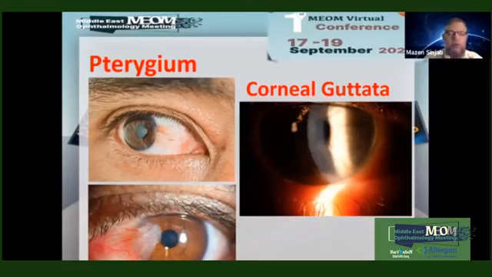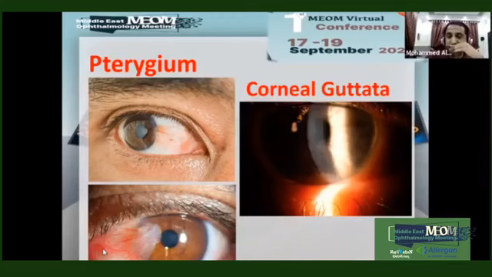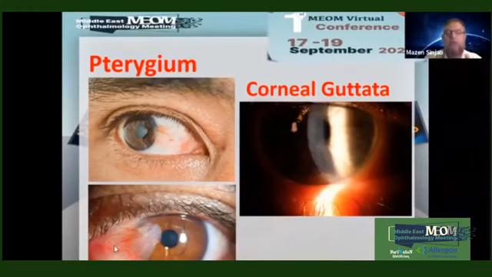But usually I remove the pterygium first. I don't do both in the same session. The other indication to remove the pterygium is if it is progressive. Otherwise, I will leave it. Okay, what do you do for the astigmatism, if there is astigmatism? If it is small, let's say if the astigmatism is only 1 diopter, it means that it is a very small pterygium.